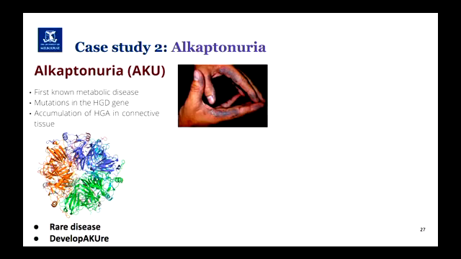What happens in alkaptonuria is that if this protein doesn't work, this compound accumulates in connective tissue, including, for instance, cardiac valves. Prognosis is not very good. So what happened is I was working in my first postdoc, and someone knocked on the door from Develop AKUre, a guy called Nick Sireau, who is heterozygous for AKU, and his wife as well.